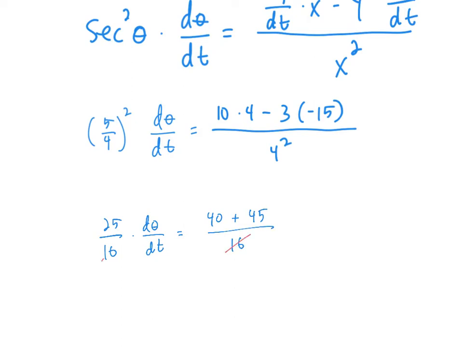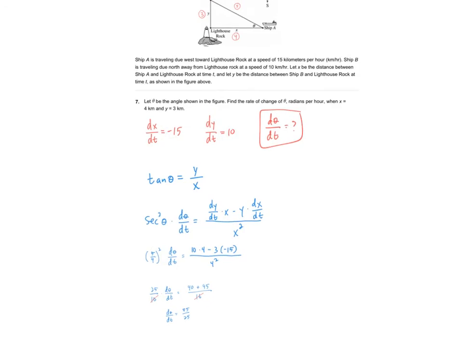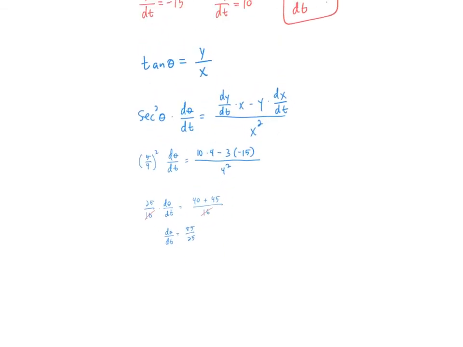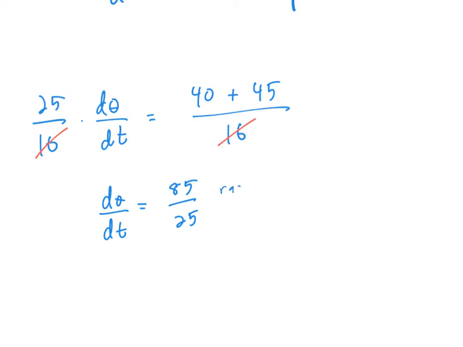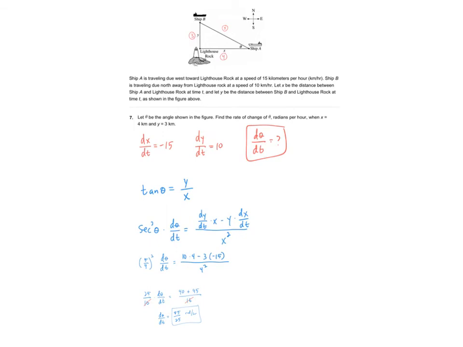We can multiply both sides by 16 so that those cancel. And that means d theta dt is just 85 over 25, and this will be radians per hour. You could have simplified it to 17 over 5, but remember, you don't have to simplify.